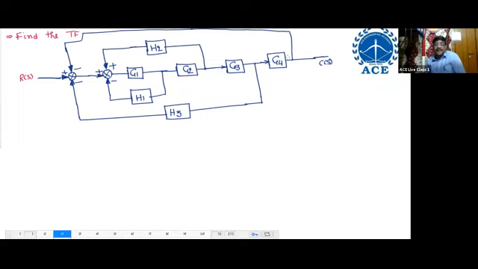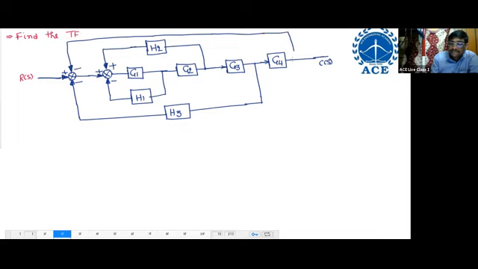Come on, do it. Come on, find the transfer function. Try karo.